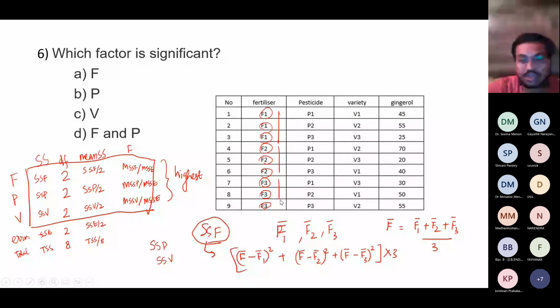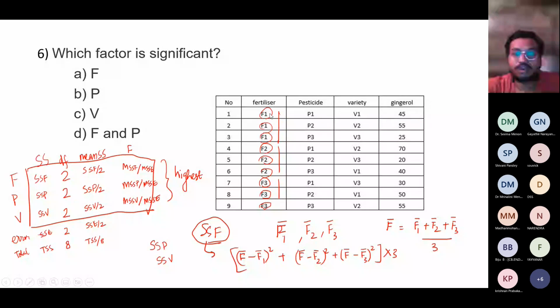Since we are just taking this term once, basically what we need to do is for each of these 9 terms: for the first case, we take mean of F minus mean of F1 and square it.